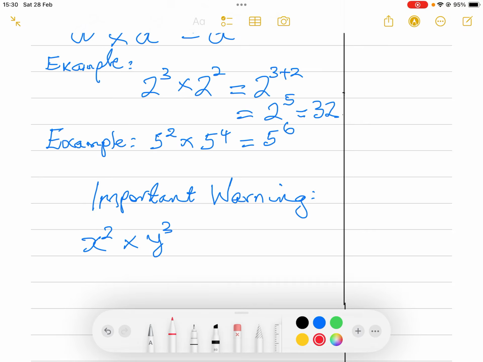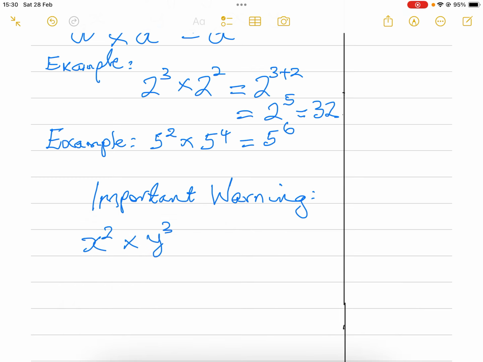This cannot be resolved because the bases are not the same. The bases are not the same.